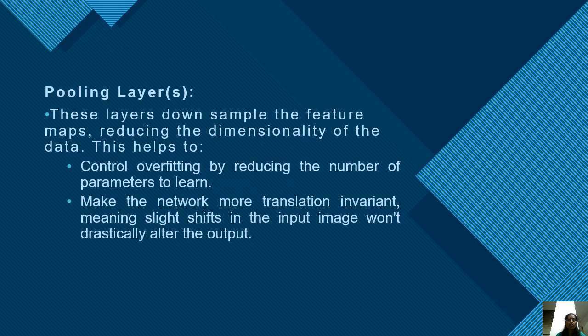It reduces the dimensionality of the data, controls overfitting by reducing the number of parameters to learn, and makes the network more translation invariant, meaning slight shifts in the input image won't drastically alter the output.